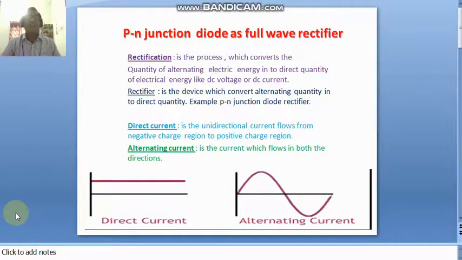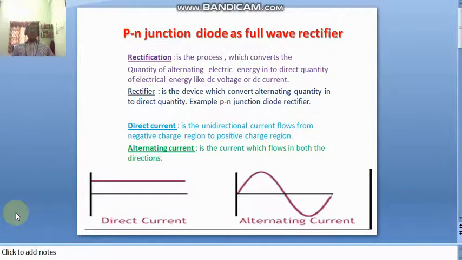Again, I am repeating what the rectification process is, because the rectification process converts an AC current or voltage into direct current or voltage.